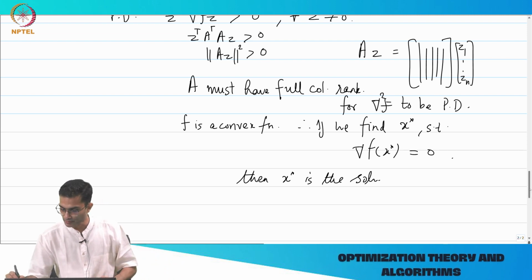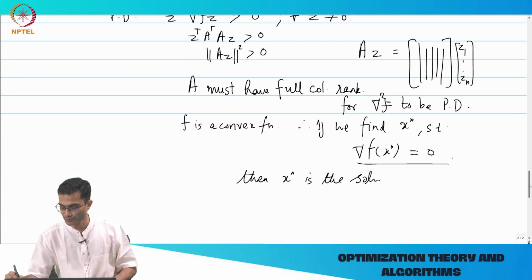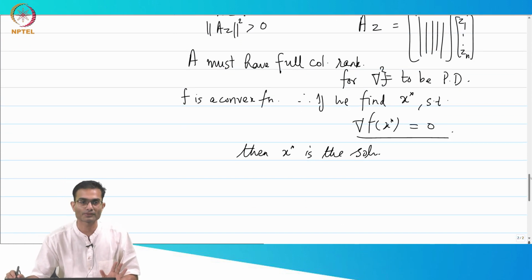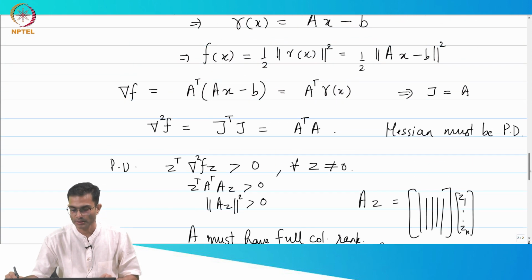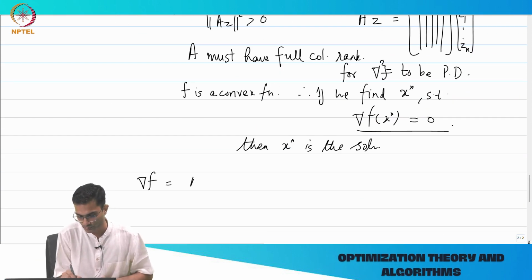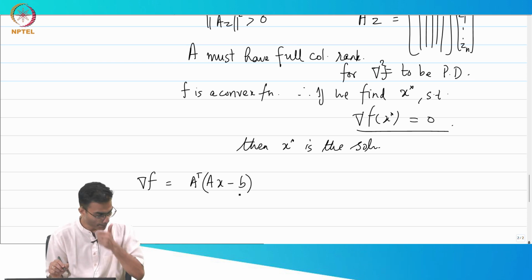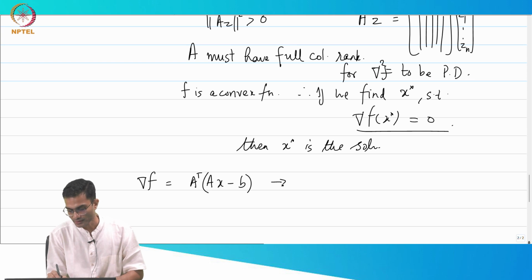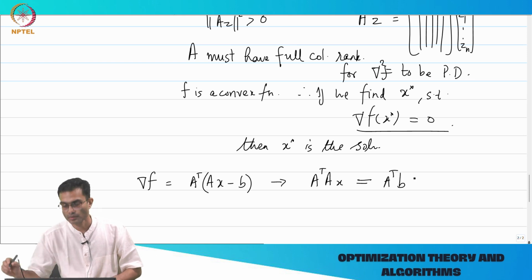So what is the equation that I need to solve now to finish this problem? Grad f equal to 0. Grad f, we already had an expression. Where was it? Grad f was here. A transpose (Ax minus b), right? So grad f is equal to A transpose (Ax minus b). Okay, and this basically becomes A transpose A x equals A transpose b.